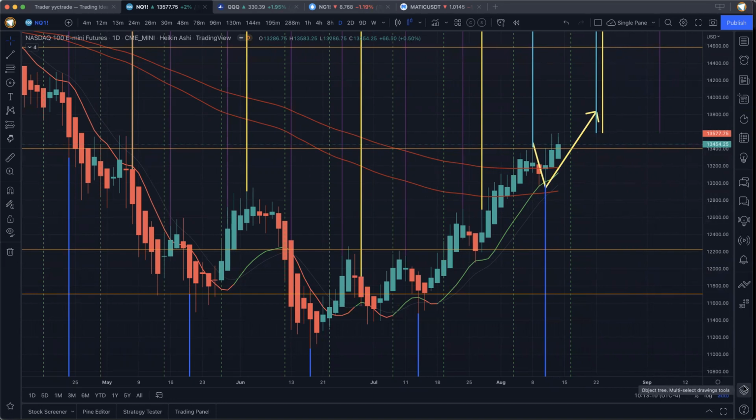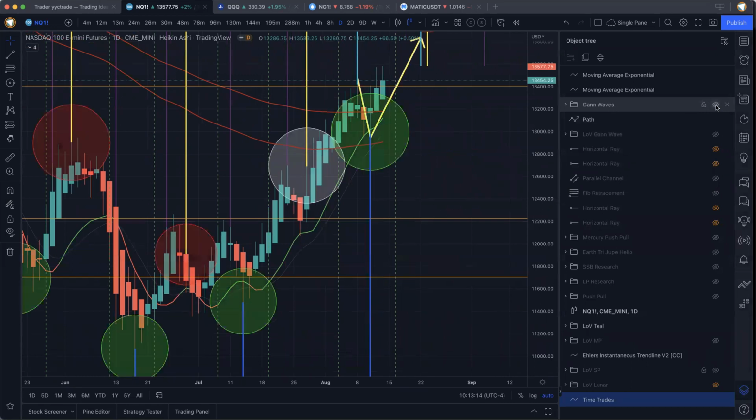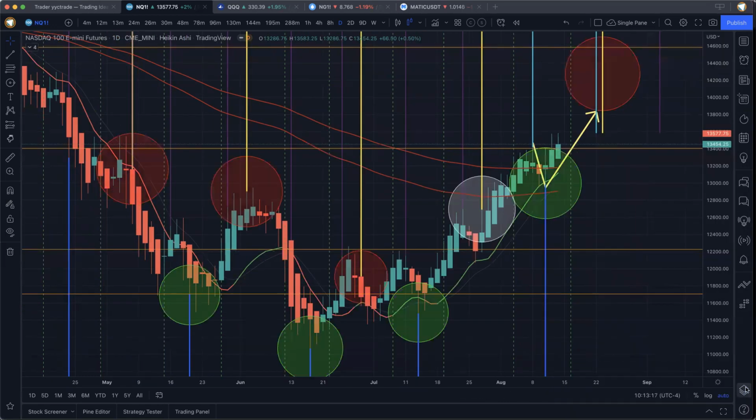I'm just going to highlight them here for you so you can see exactly what I mean. I've drawn a red bubble around Gann waves that indicate tops within 1 or 2 days of a top, and a green bubble around Gann waves that indicate bottoms within 1 or 2 days of a bottom.